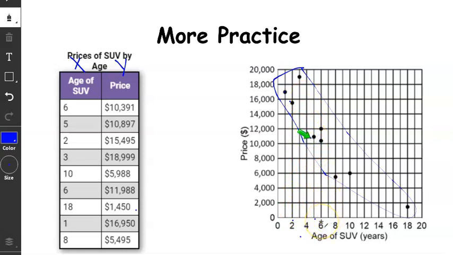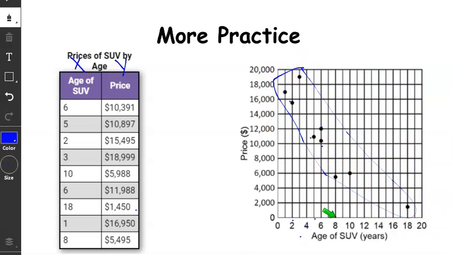And here's a 6-year-old vehicle, and look, you've got two prices. Maybe one is more souped up. It's got more bells and whistles on the car, so it's worth more. But as the SUV increases in age, you can see my circle, the value of the car decreases.